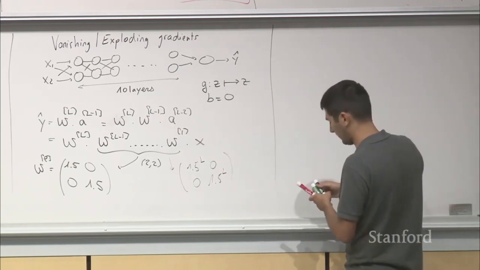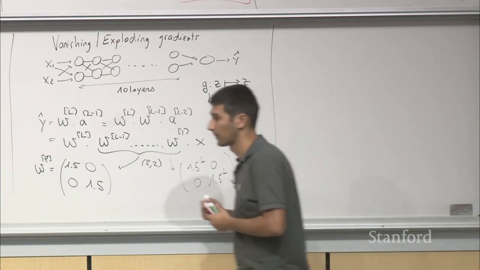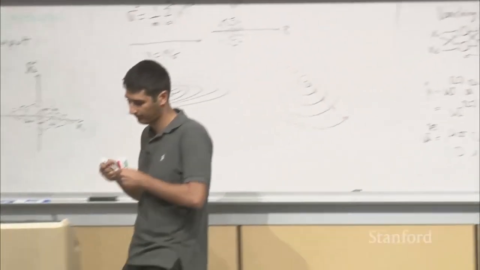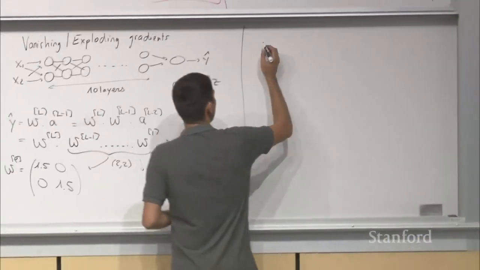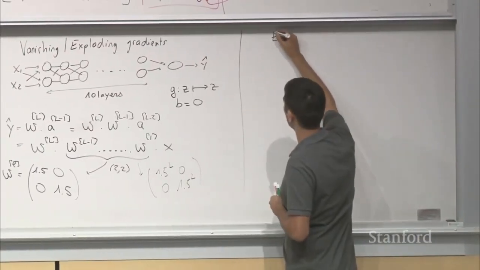So let's look at the initialization problem. The first thing to look at is an example of one neuron.